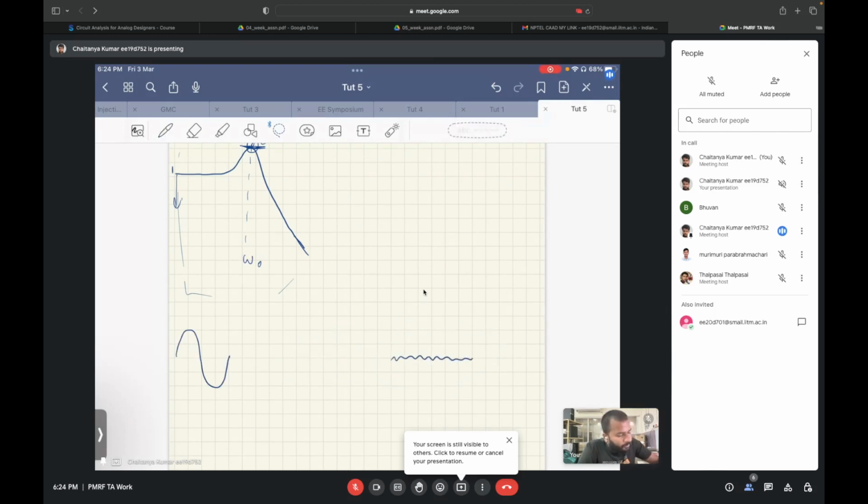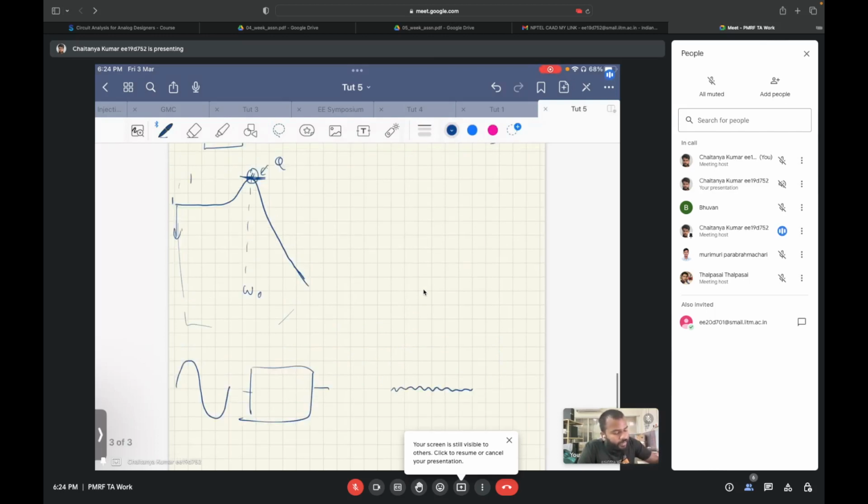This is the noise of the second biquad, and there is the first biquad. Since you have reduced the gain over here in order to achieve the maximum peaking as 1 in this biquad, this signal will attenuate. So the noise the second biquad gives is going to affect the signal more and more.